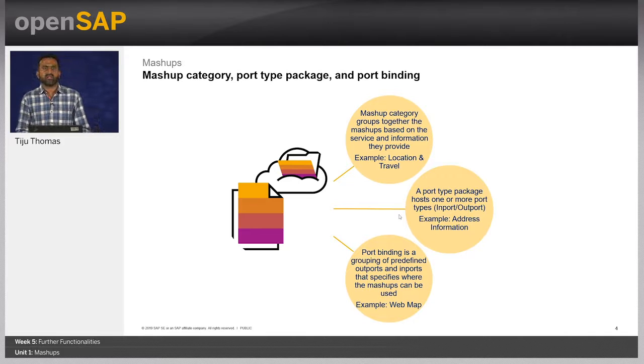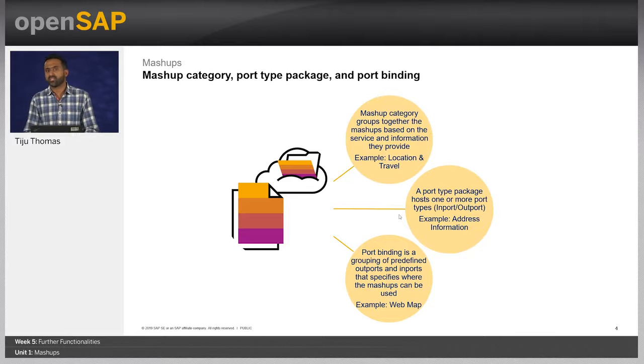What is a mashup category? A mashup category basically groups together the mashups based on the service or information they provide. We have various mashup categories available in ByDesign like location and travel, news and reference, productivity and tools, etc. A port type package, in short PTP, hosts one or more port types. It helps to seamlessly navigate between components that are part of the same PTP without any additional mapping.